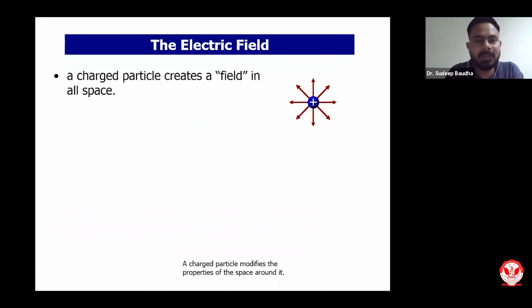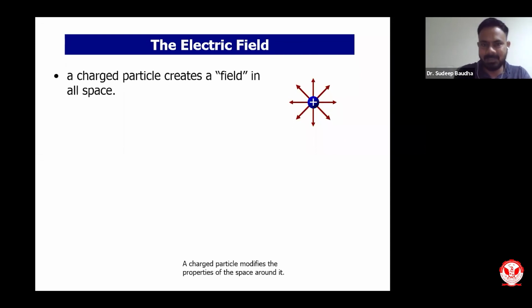So a charged particle creates an electric field in all space. That is our understanding now. Every charged particle will exert some amount of force, and when it creates a field, that is known as electric field. Please remember, we are talking about stationary charges.